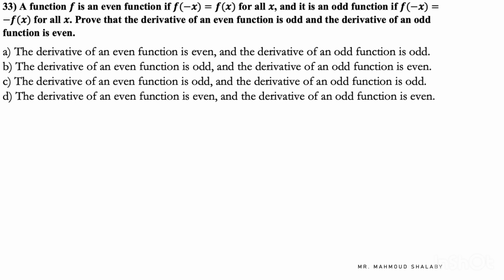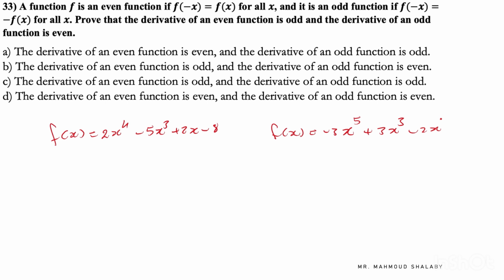Let me just give you two examples, like f of x equals 2x to the power of 4 minus 5x to the power of 3 plus 2x minus 8, and here we will write negative 3x to the power of 5 plus 3x to the power of 3 minus 2x squared plus 1.